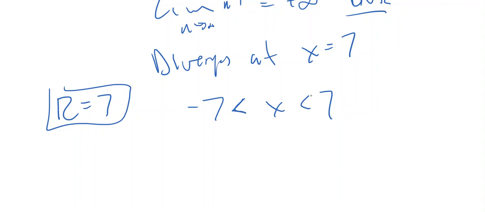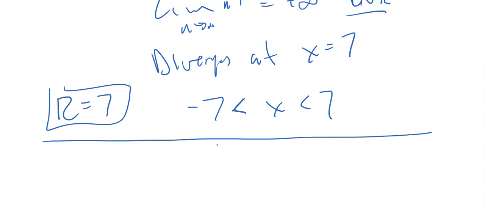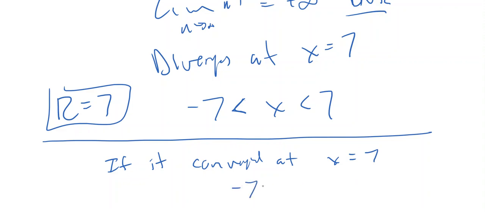Let's just say that it converged. For instance, if it converged at x equals 7, let's say, then we would have -7 is less than x is less than or equal to 7. So if it converges, we have to include the endpoint by putting in the equal sign.